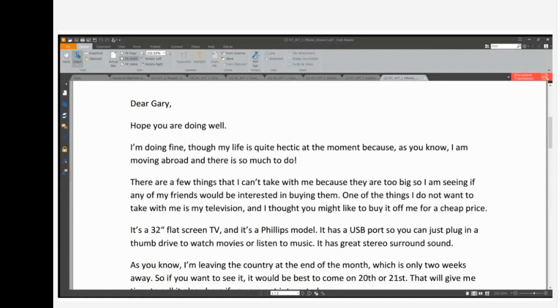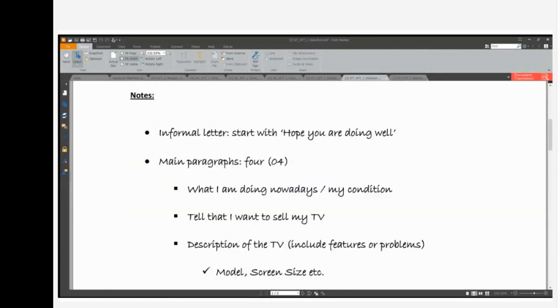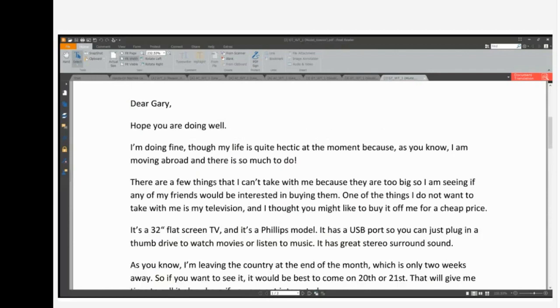Then we need to write that I want to sell my TV. You can start, there are few things that I can't take with me because they are too big. So I am seeing if any of my friends would be interested in buying them. One of the things I do not want to take with me is my television, comma.